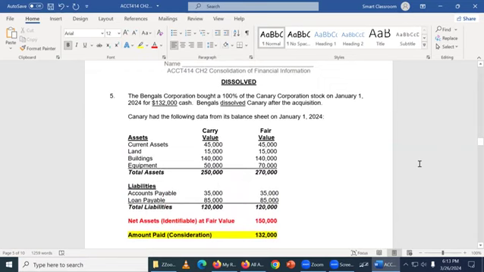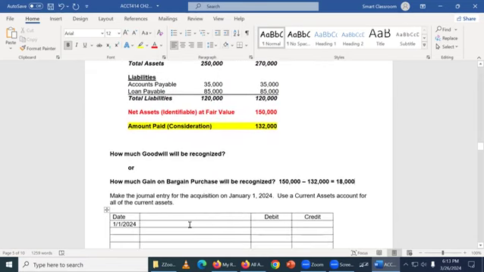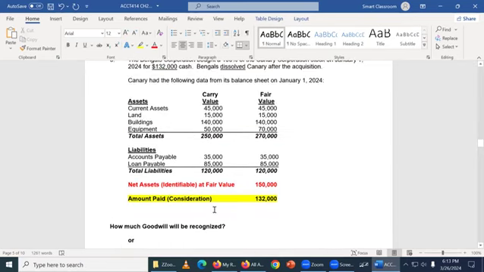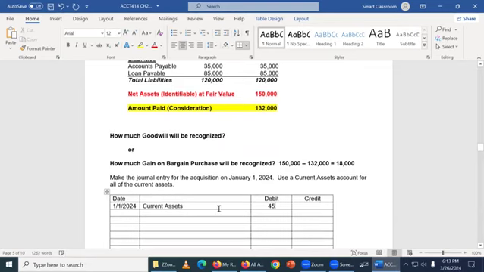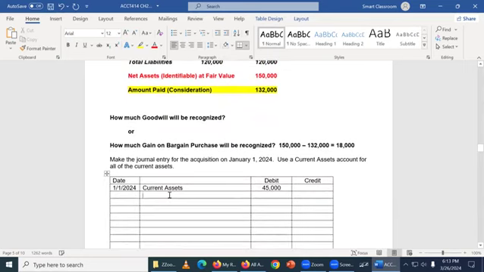So it's dissolved. And we kind of lump the current assets together for this one just to make it a little easier. Land, building, equipment.